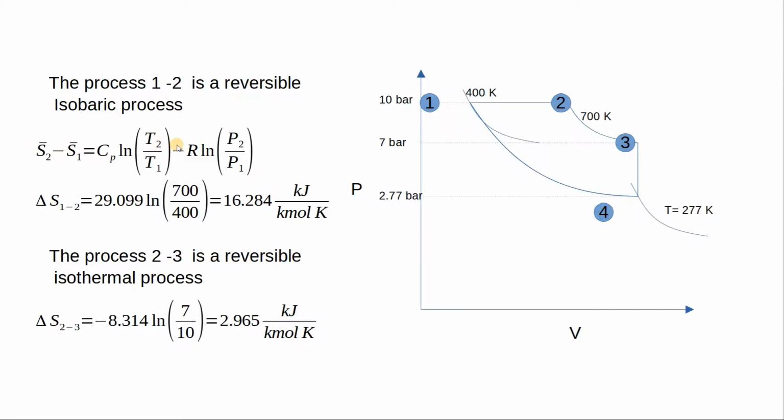Now if we apply the first equation written here, the temperature term, that is Cp ln T2 by T1, gets cancelled off and we only get delta S23 is minus 8.314 ln 7 by 10. That is the final pressure divided by the initial pressure. And delta S23 is 2.965.